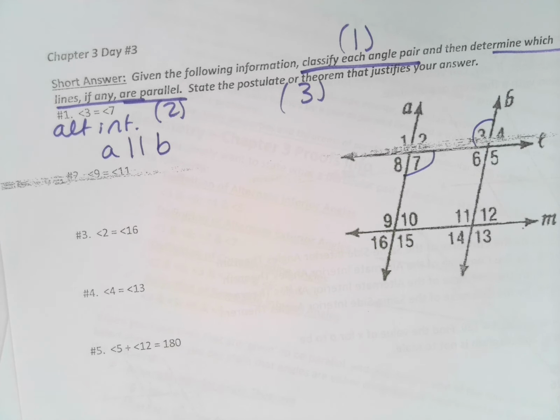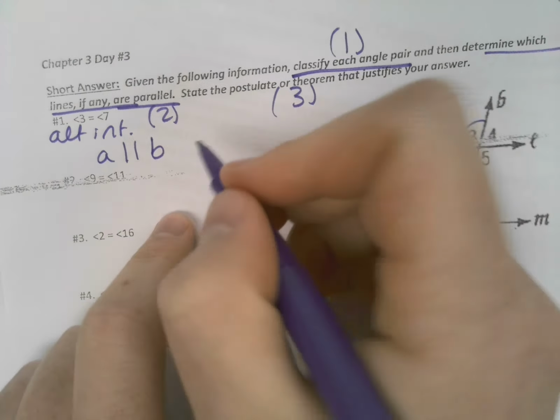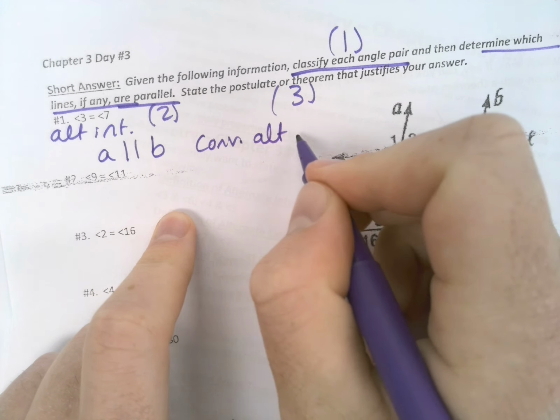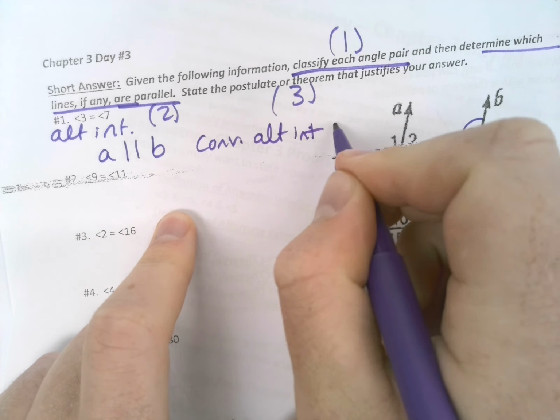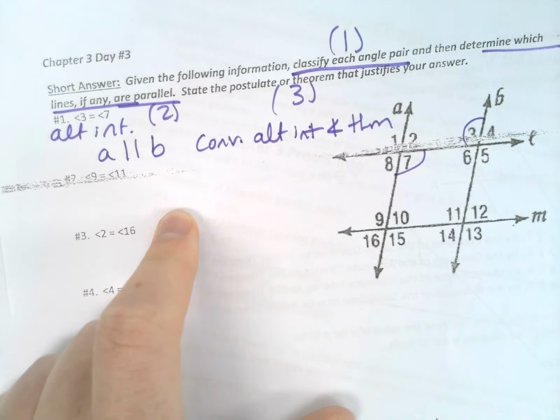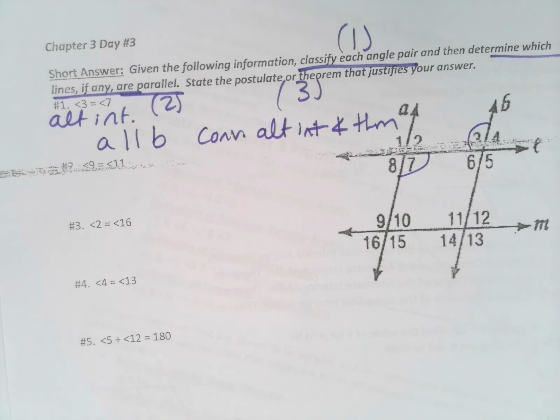You can abbreviate that: converse alt. interior, or alternate. So if that's the case, A and B are parallel, and we can state that because of the converse of the alternate interior angle theorem.